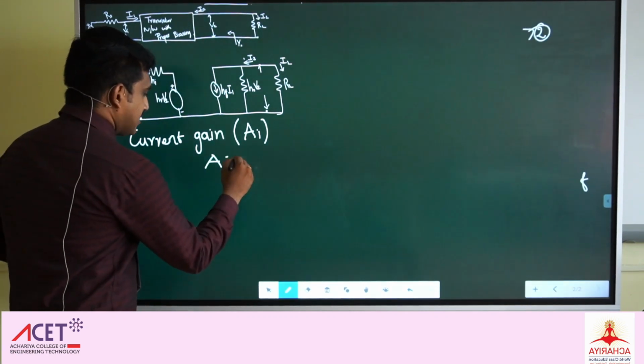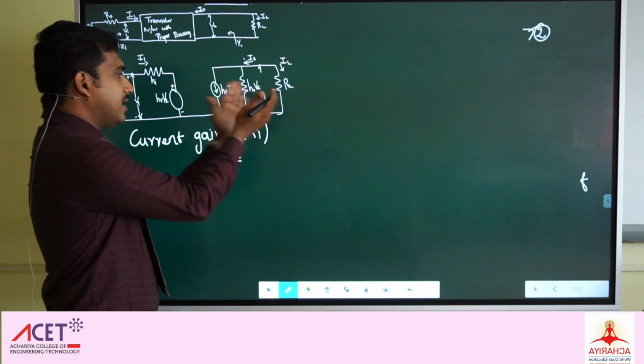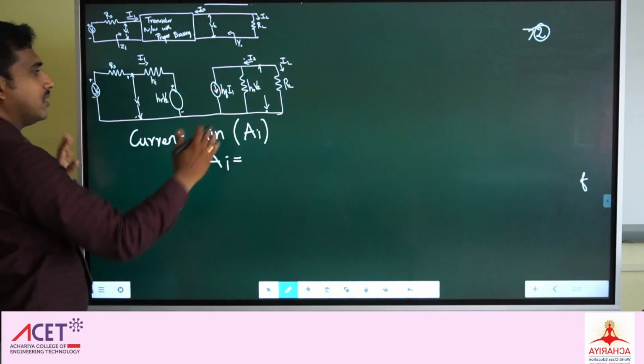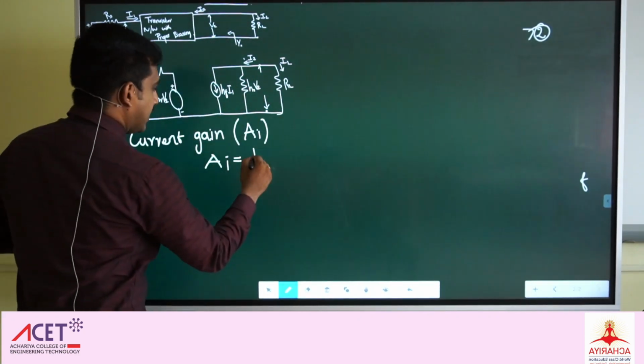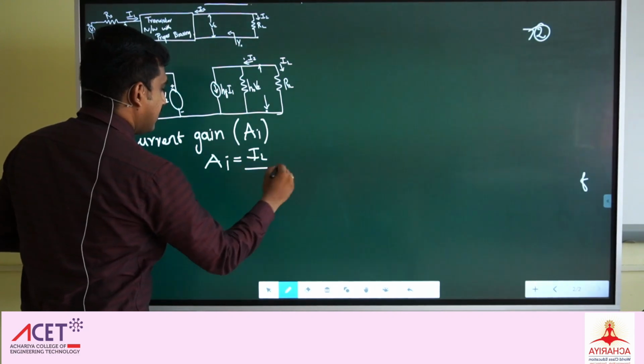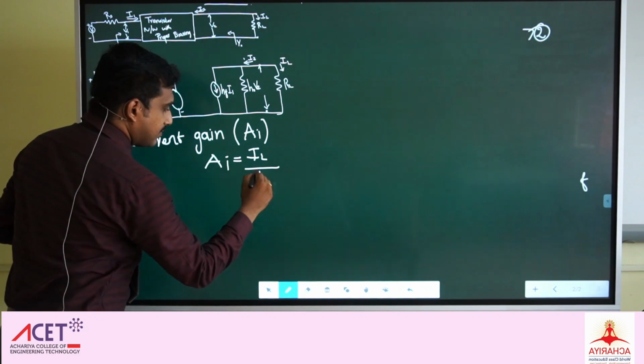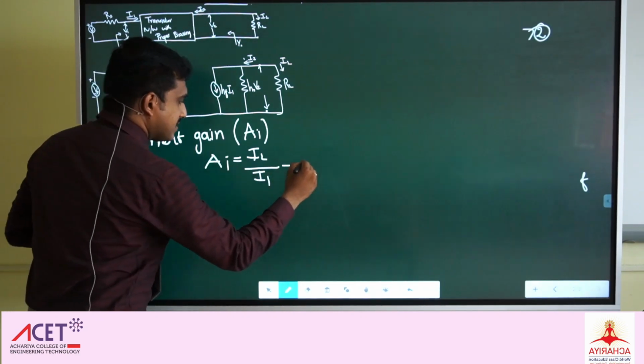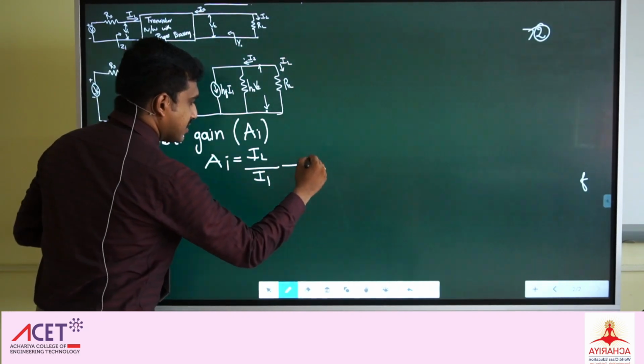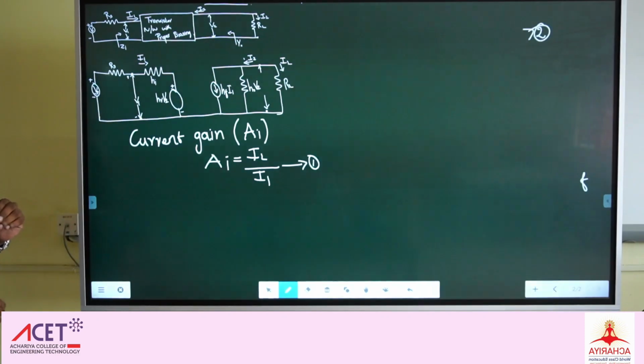The basic equation is AI is equal to output current divided by input current. In this circuit, what is the output current? Output current here is IL, load current. The input current here is I1. Consider this as equation number 1, IL divided by I1.